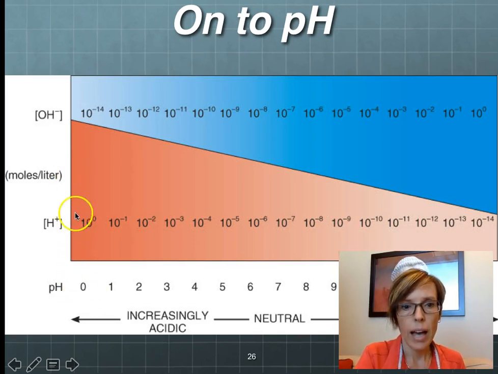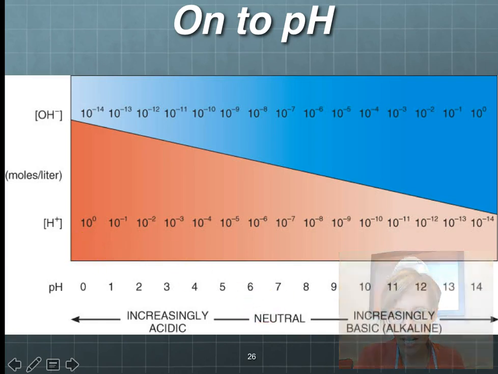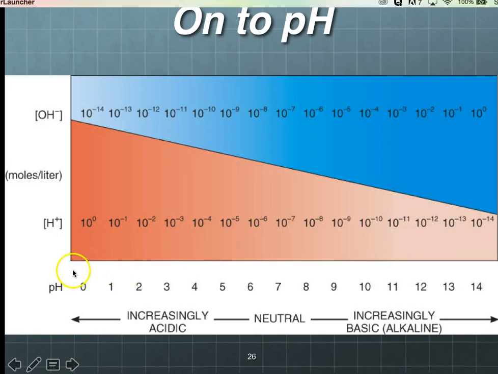Okay. So as we go toward the right, and let me actually hide my image for a quick second. When we go here toward the right, you'll notice that the red becomes smaller and smaller and smaller. So what this means is that we have fewer and fewer hydrogen ions. Conversely, we have more and more hydroxide ions.